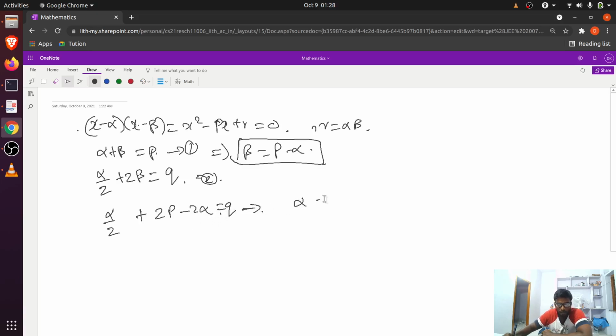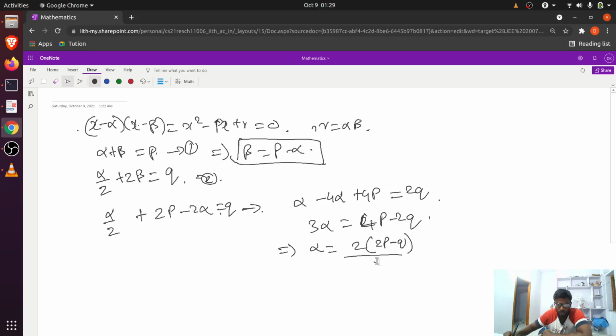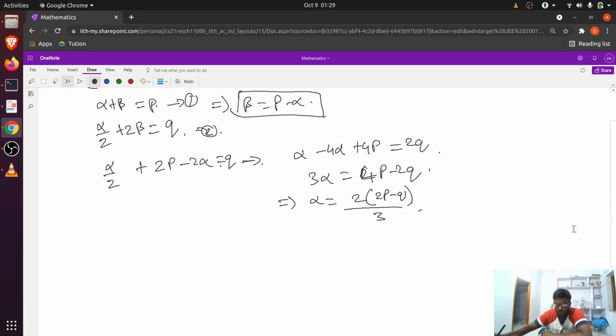So alpha minus 4 alpha plus 4p is equal to 2q, and alpha is equal to 4 by 3 p minus 2q divided by 3. So if you substitute it in beta, we will get beta is equal to p minus that, plus 4 by 3 p plus 2 by 3 into q.